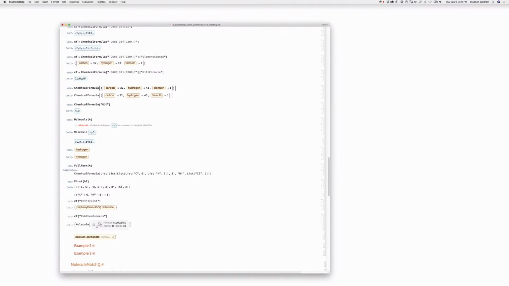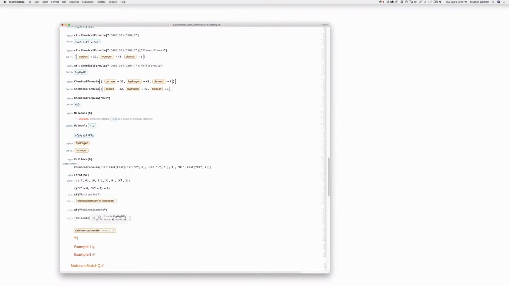Okay, give me an example where there's more than one. If I say C10 H14, or okay, H6 actually. What's it doing? It's gone bonkers.